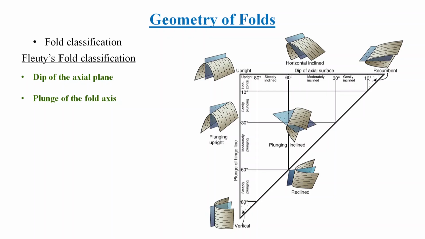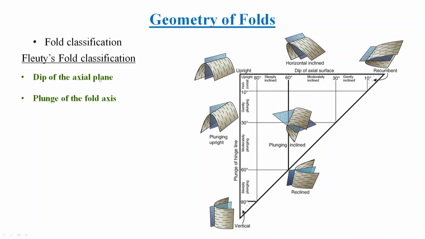Once it is vertically plunging, it also becomes a neutral fold based on the closure. Now you have a sidewise closure. So your neutral fold can be achieved from an upright antiform or an upright synform. If I rotate the fold axis, the same antiform or synform might become a neutral fold.